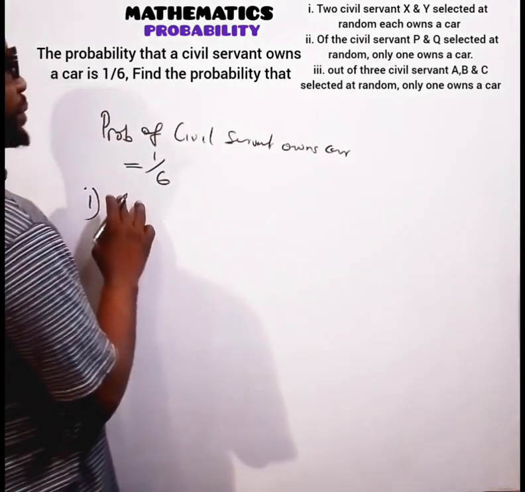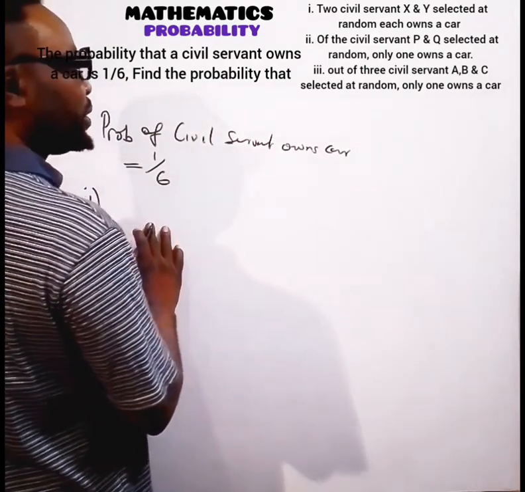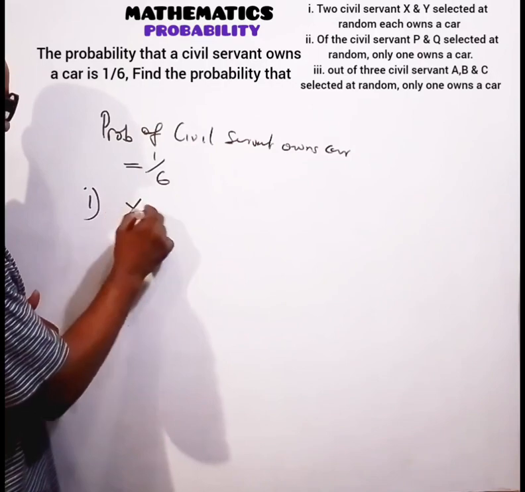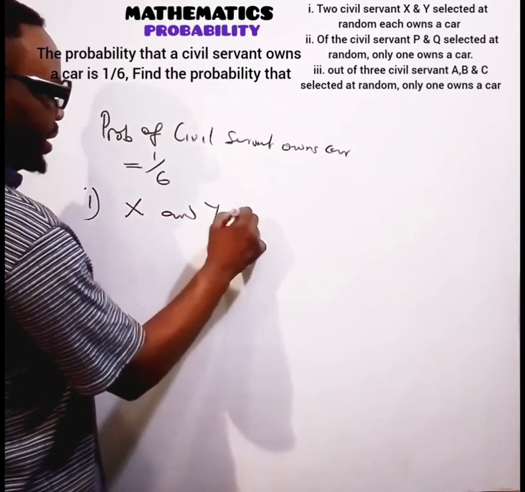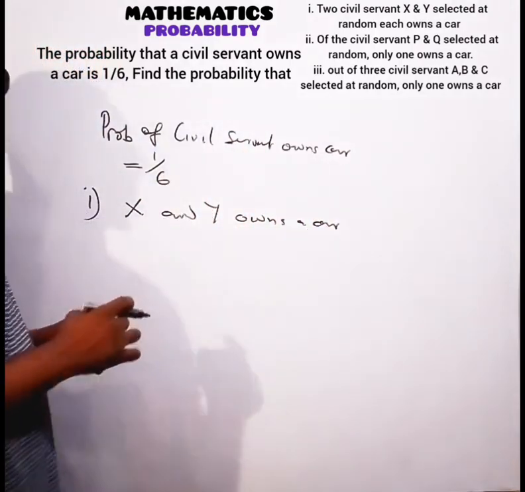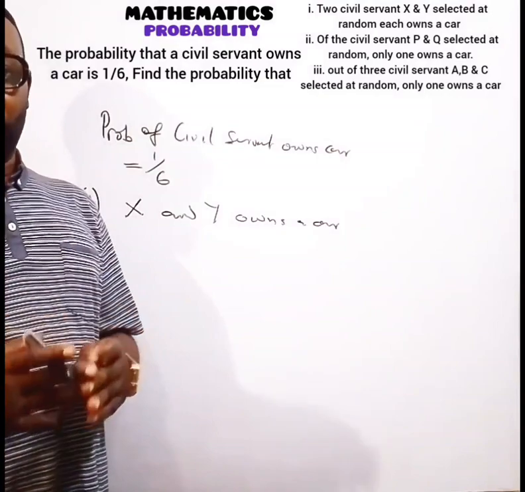Find the probability that 2 civil servants, X and Y, selected at random, each own a car. Each civil servant, X and Y, selected at random, each of them owns a car.